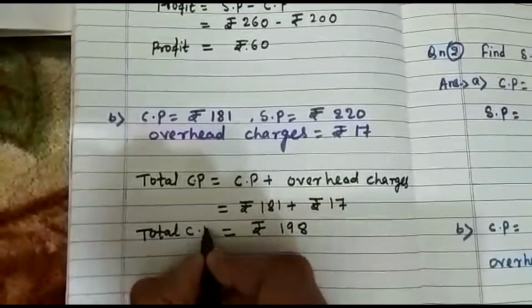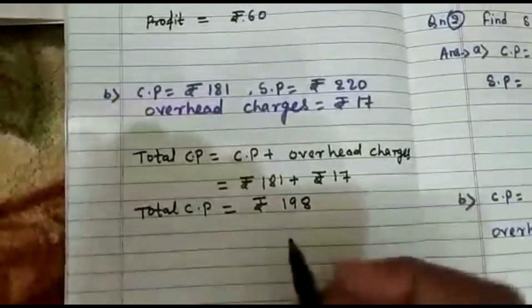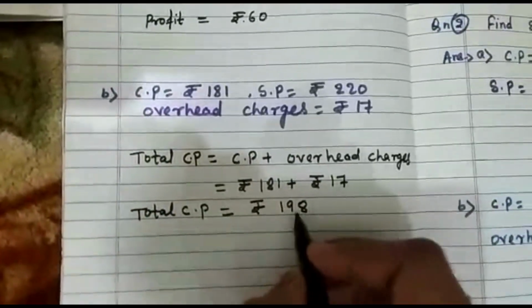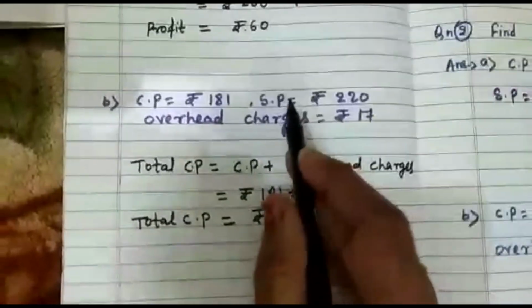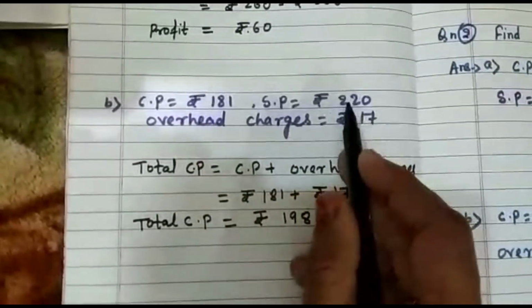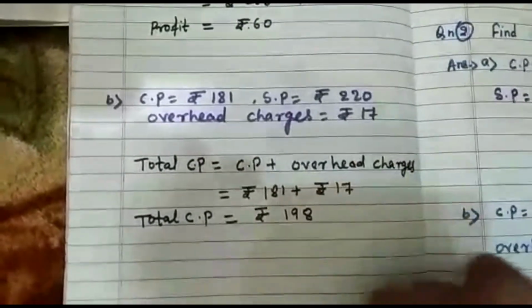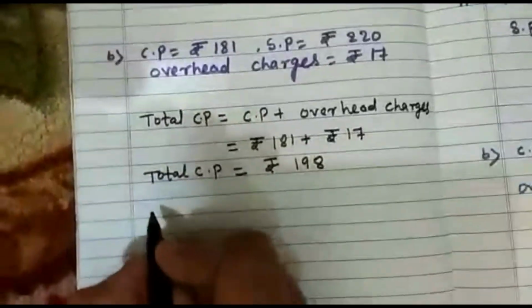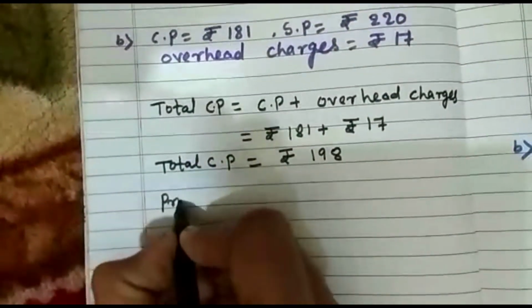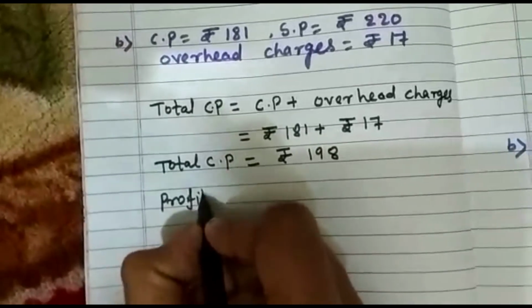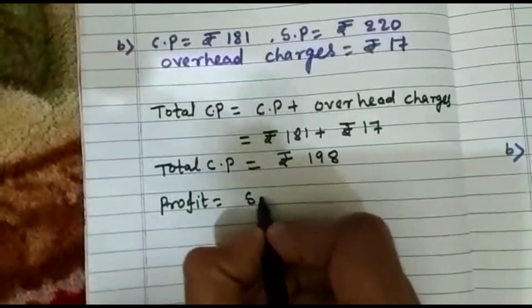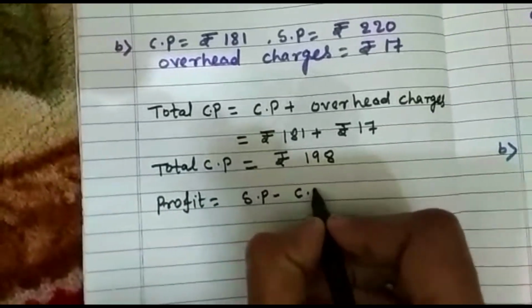Means you have purchased the item at 198 rupees and you are selling the same item at 220 rupees. So in this condition also you are getting a profit. So how will you find the profit for this? Profit equals SP minus CP.